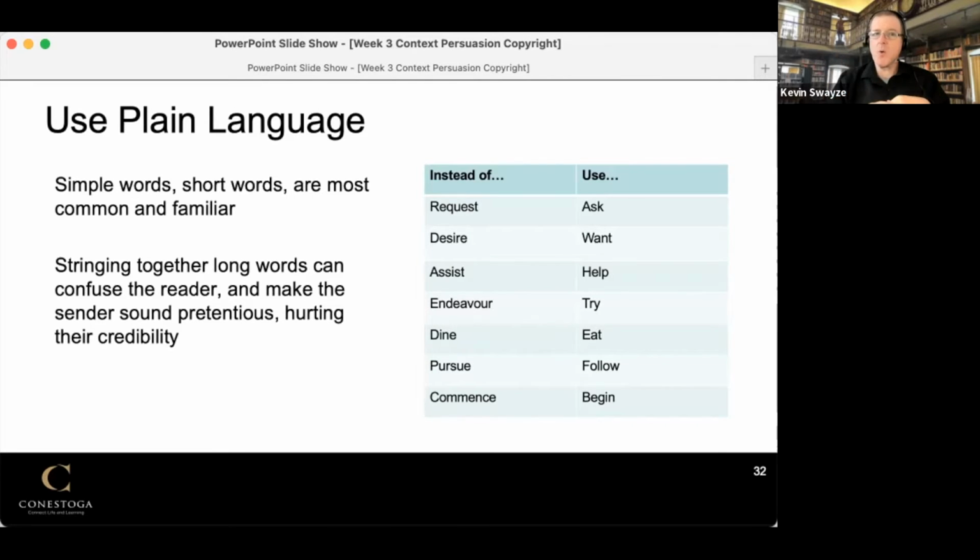Request, 2 syllables. Ask has 1. Endeavor, 3 syllables, three parts to it. It actually takes more energy to say and more energy to think. Try is 1 syllable. You're trying to condense and simplify the language.